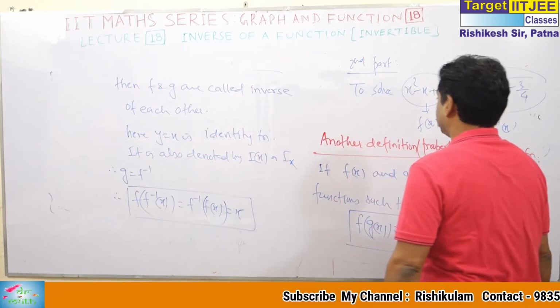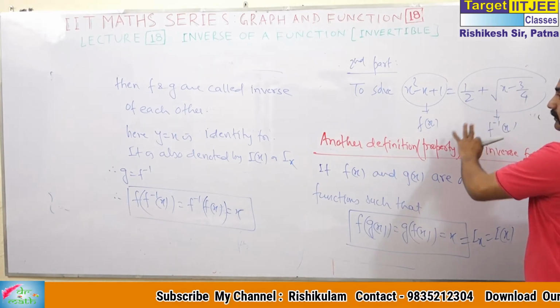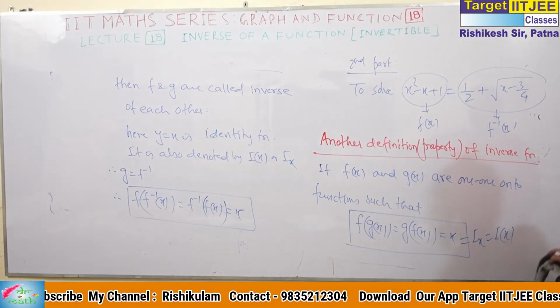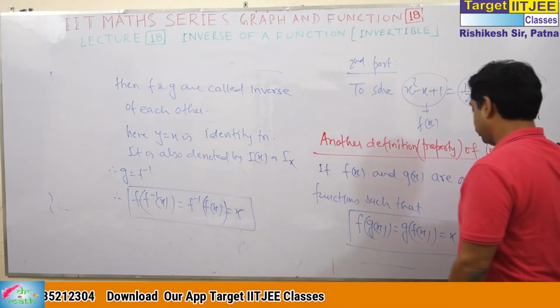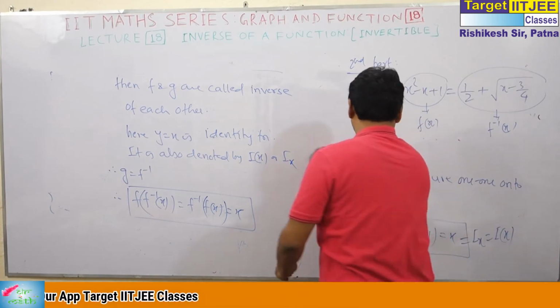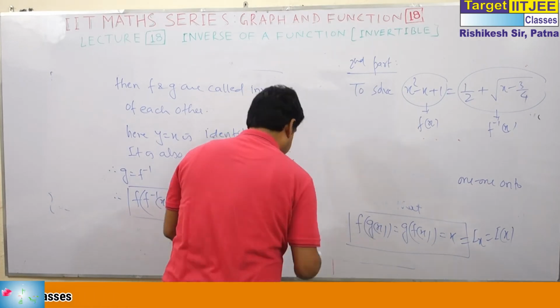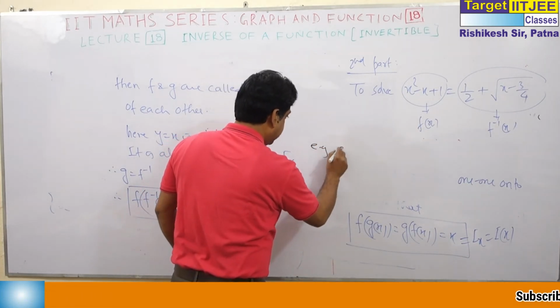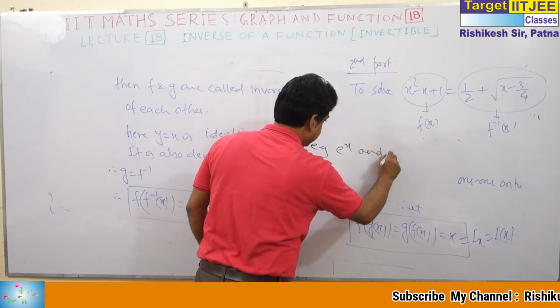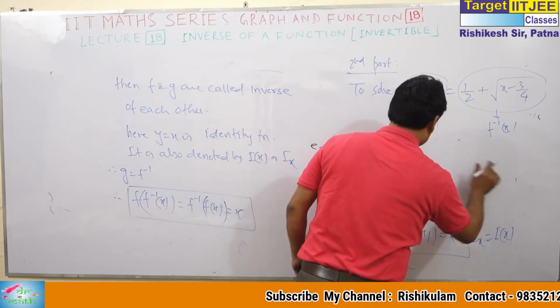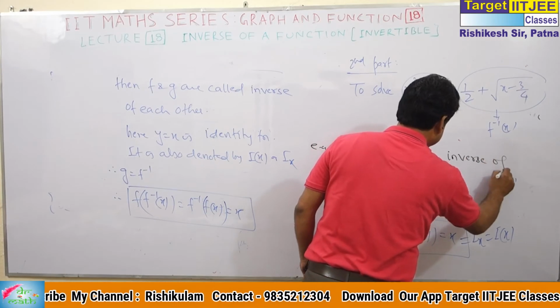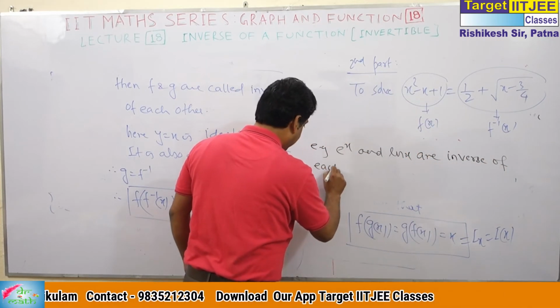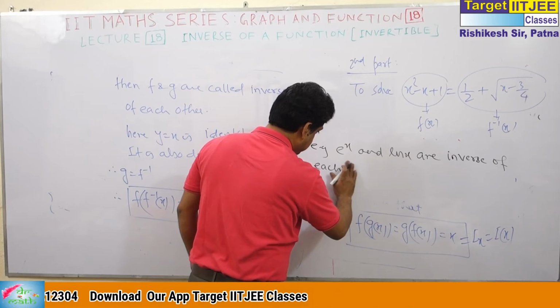Though I have written the data, if you want to write something, you can. But before that, you can see a very simple example. e to the power x and ln x are inverse of each other.